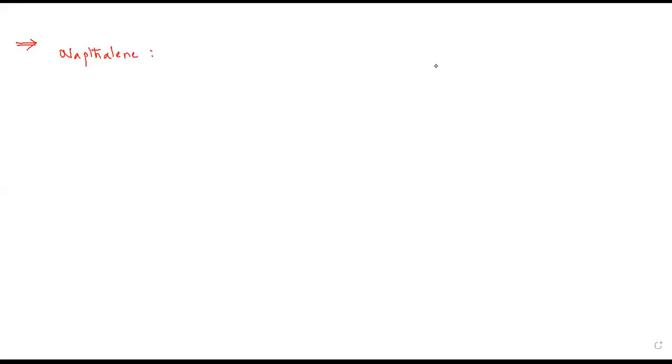See, in case of naphthalene, if we see the resonance structures, look at the numbering. This is 9 and this is 10. Interesting. 9 and 10.